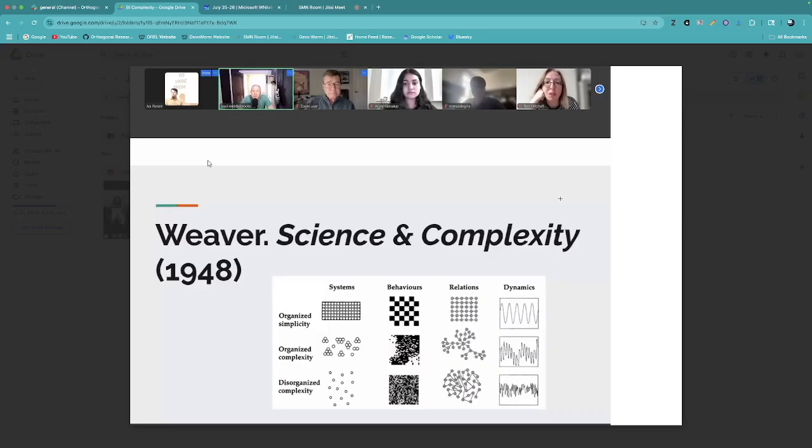And then going to organized complexity, you start to get these clumps or clusters of things. So in the systems, you get these clusters that are distinct, yet they're individual subunits. The behaviors of organized complexity are, again, clustered behaviors. They begin to become aperiodic. They exhibit this sort of structure.